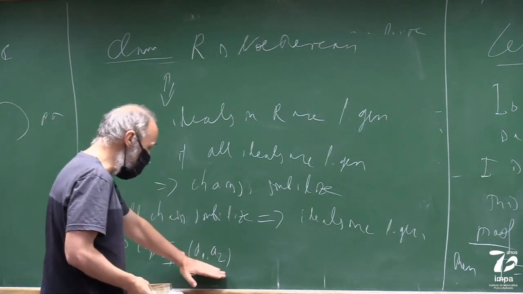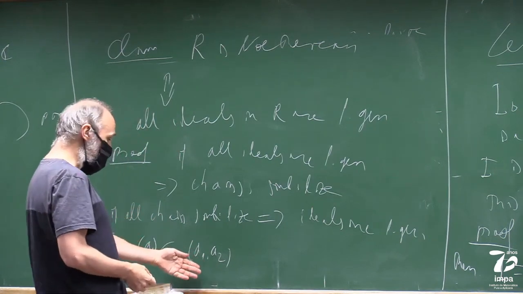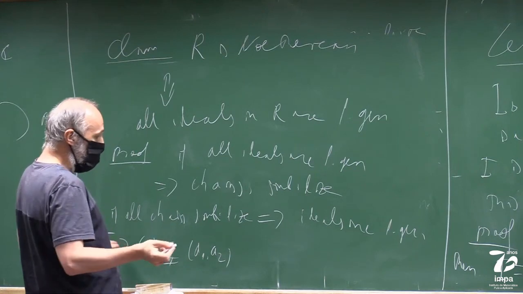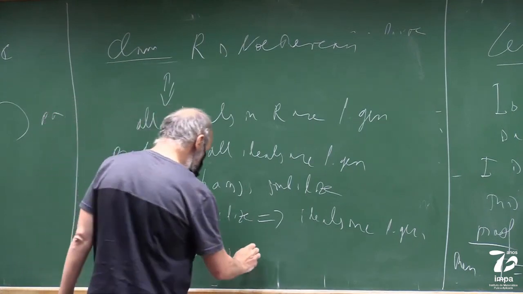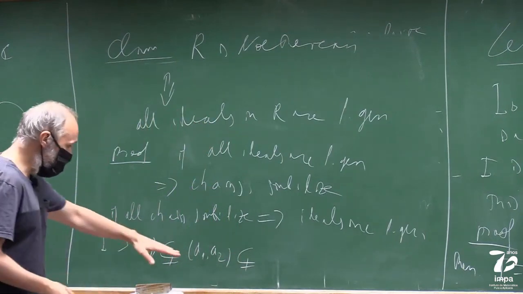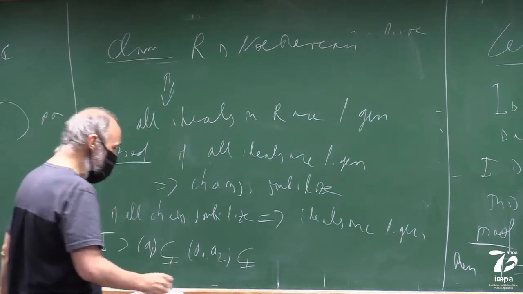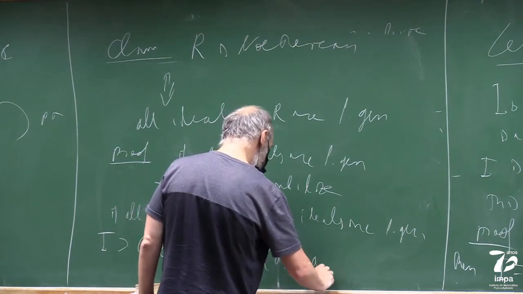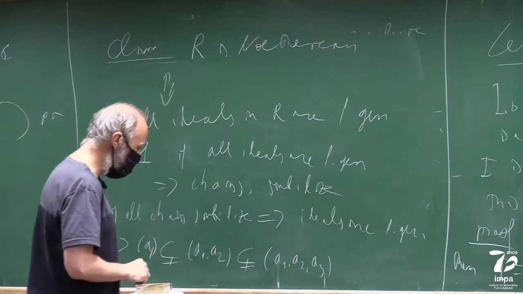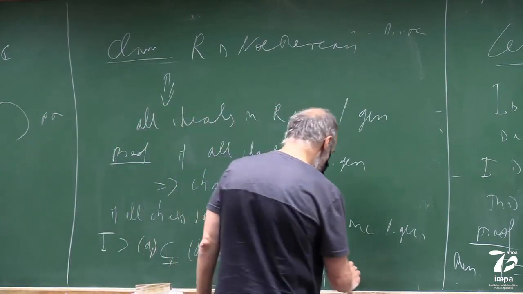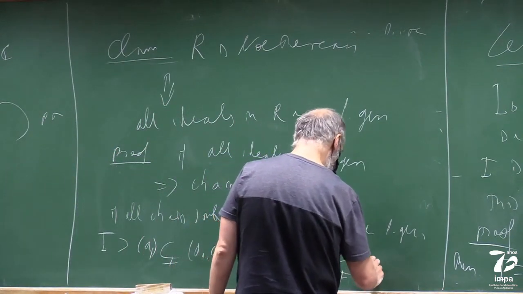Now, if the ideal generated by A1, A2 is I, we're done, it's finitely generated. If it's not, you can have A3, which doesn't belong to this subset, but belongs to I. So you have A1, A2, A3 strictly embedded, and A1, A2 is strictly embedded there. And you can go on and on.